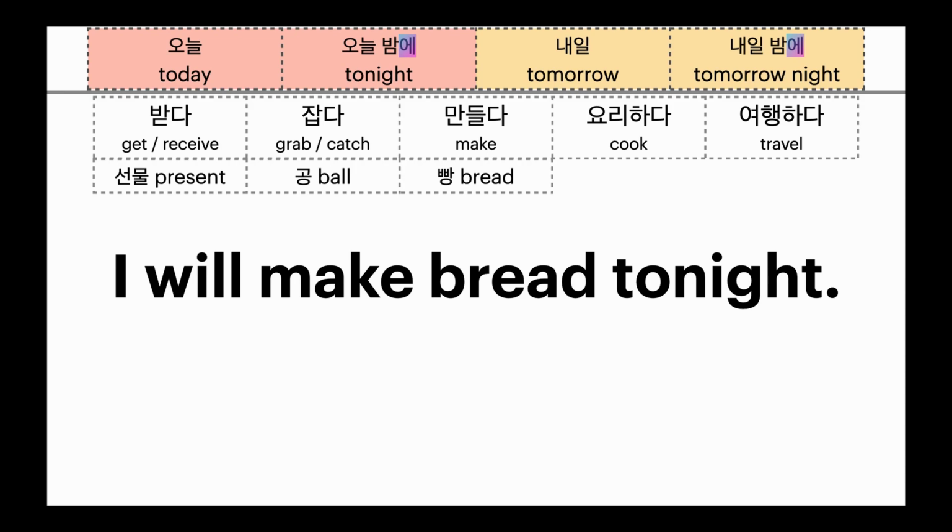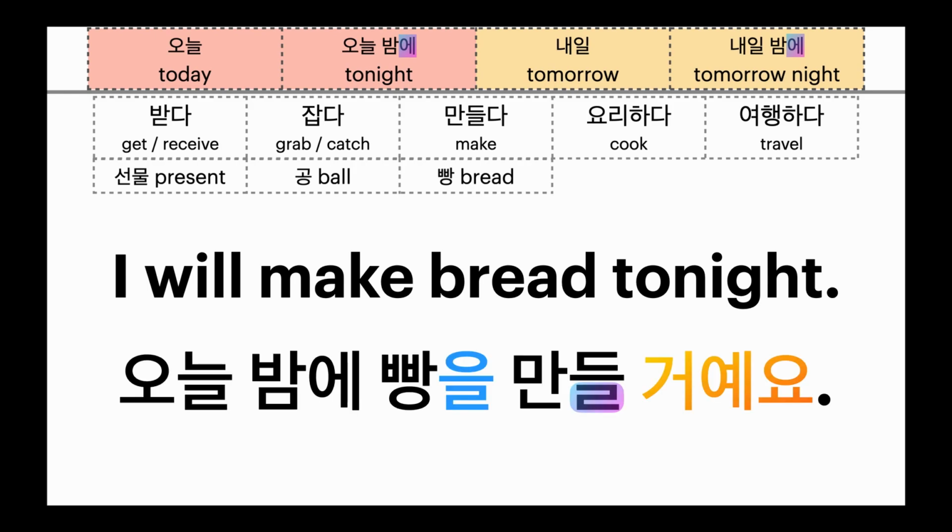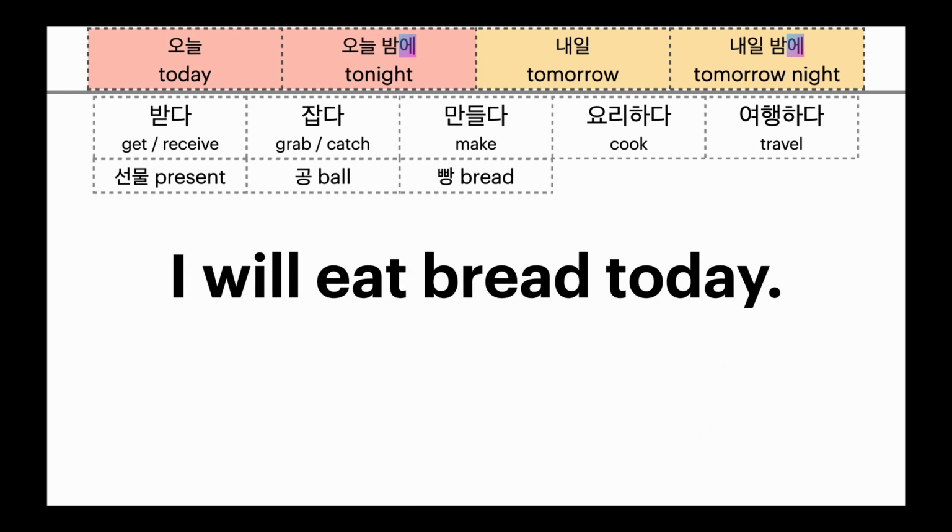I will make bread tonight. 오늘 밤에 빵을 만들 거예요. Remember that verbs that end with ㄹ, you don't have to add anything, so it's not 만들을 거예요, it's just 만들 거예요.